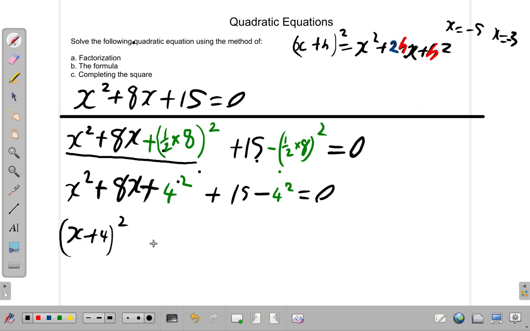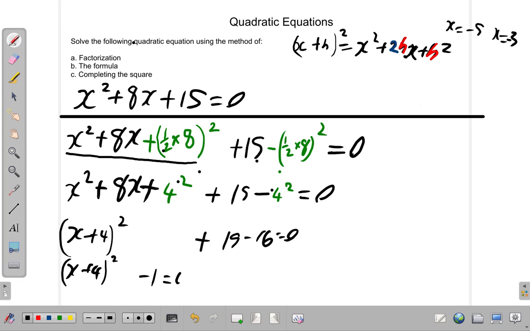Now to this part. At this point you can square out the 4 and you have 15 minus 16. So you have x plus 4 all squared plus 15 minus 16 is negative 1, plus negative 1. But saying plus negative 1 is the same as saying minus 1.